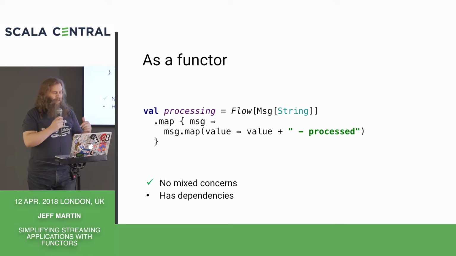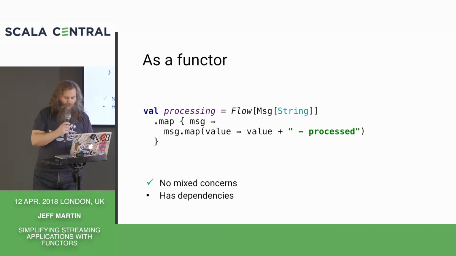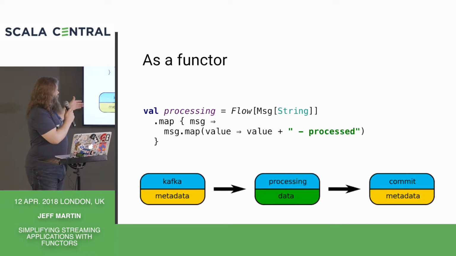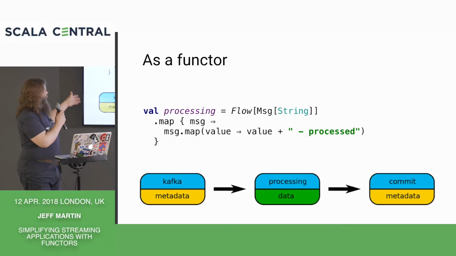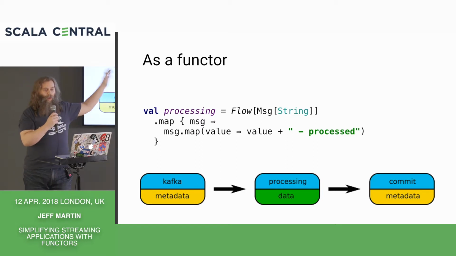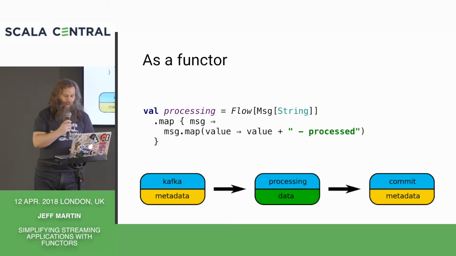We're still dependent on a message which might be bringing in other libraries. So what we have in our flow is the metadata, which is external to this, before this part of the flow. In this particular part of the flow, we're only dealing with data, and then at the commit stage, we might be dealing again with the metadata.